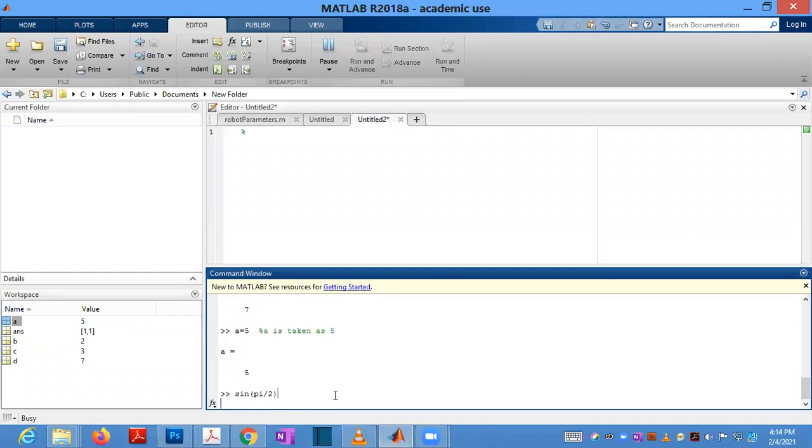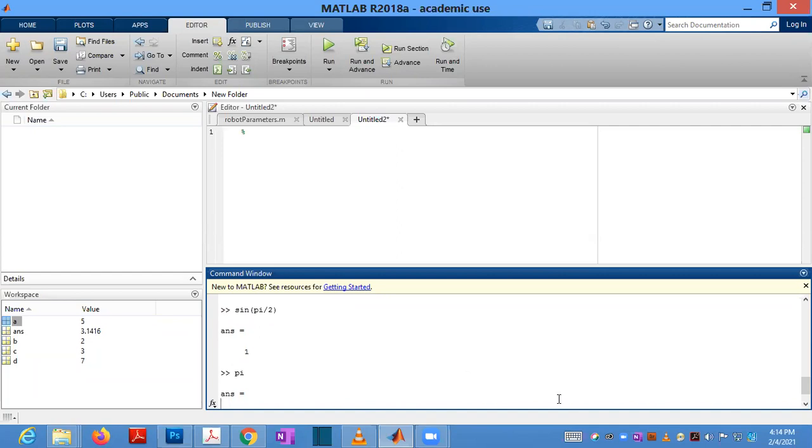This pi is a saved format in MATLAB. If you enter pi, you will get 3.14. This pi is defined in MATLAB.